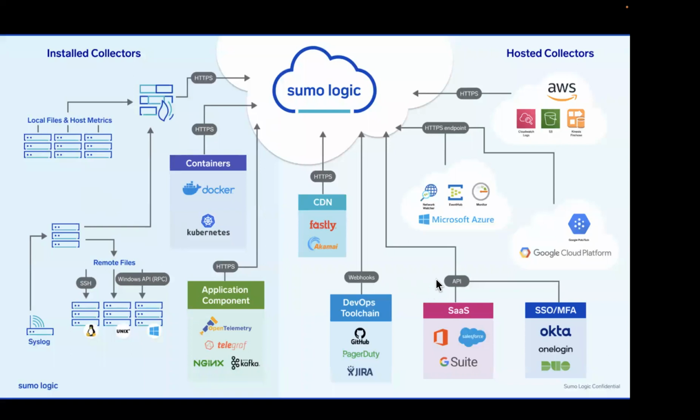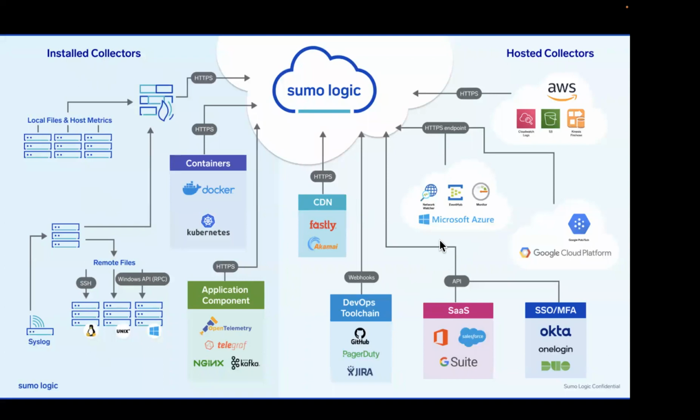The other type of collector, there's only two, ladies and gentlemen, an installed and a hosted. A hosted collector is if your actual logs and metrics are already in the cloud. Maybe they're in AWS. Maybe they're in PagerDuty or in DevOps. They're maybe in GitHub. Maybe they're Salesforce, SaaS. So again, maybe your logs and metrics are already in the cloud.